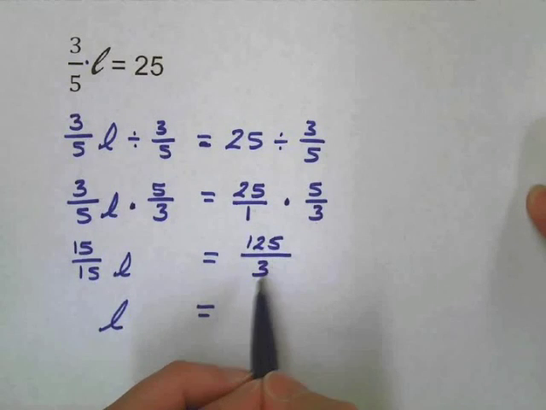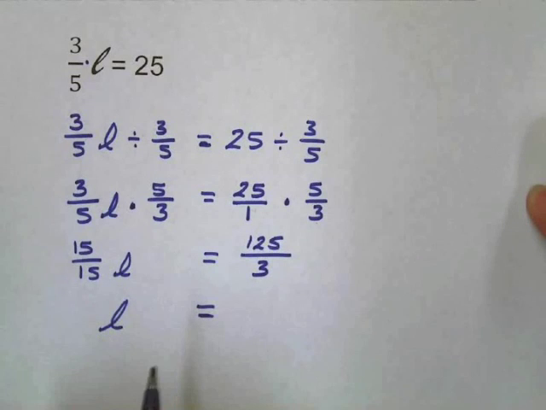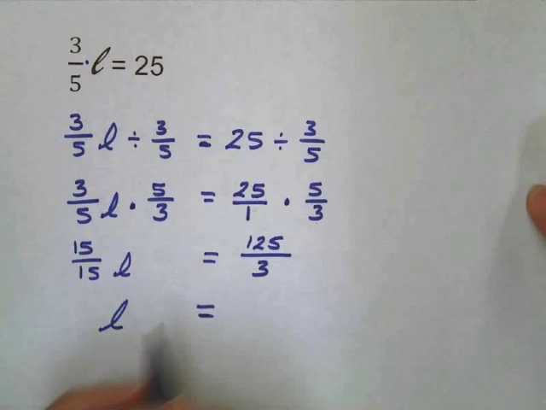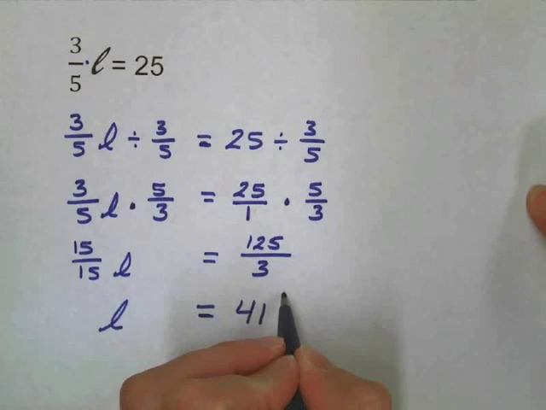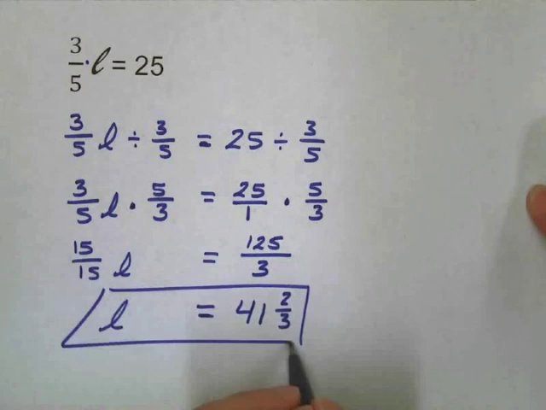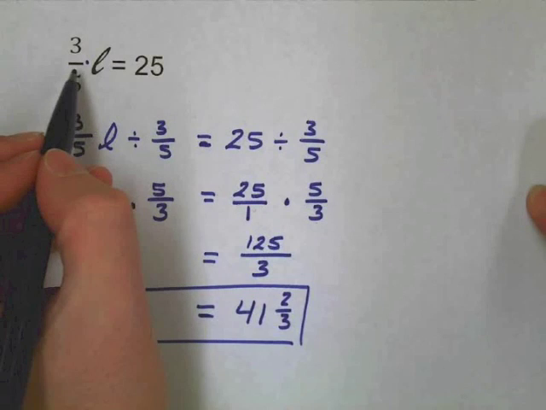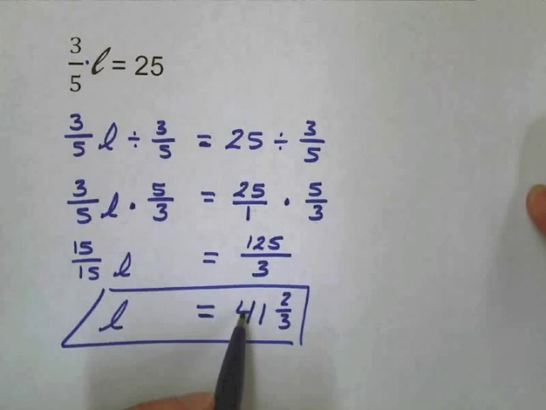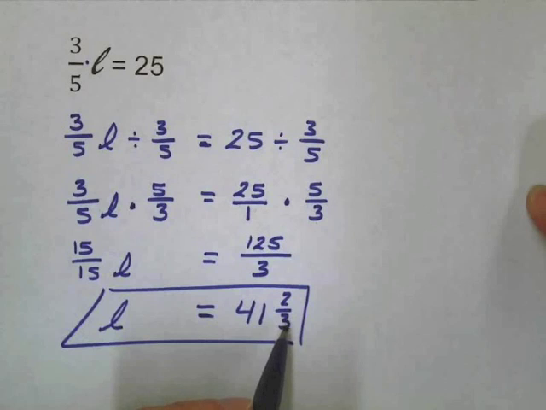So I have 125 thirds, and 125 thirds simplifies down to 41 and 2/3. So my solution to this problem up here is L is equal to 41 and 2/3.